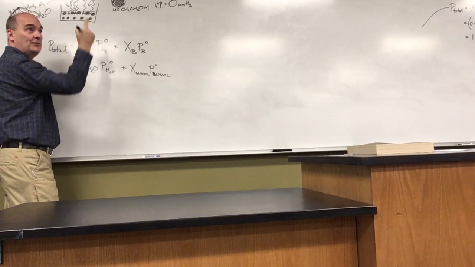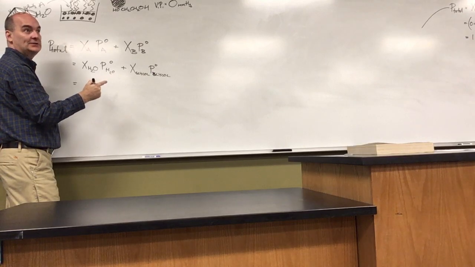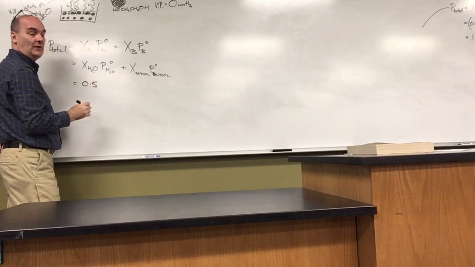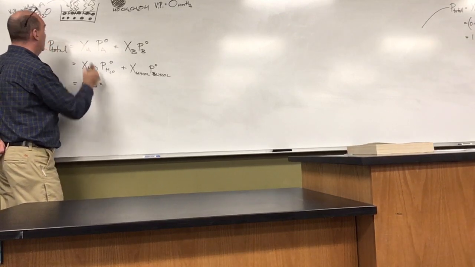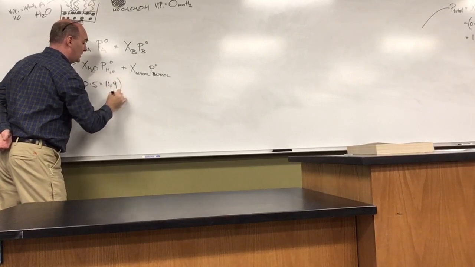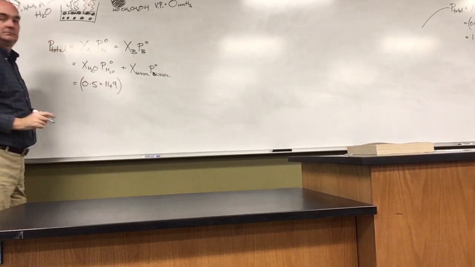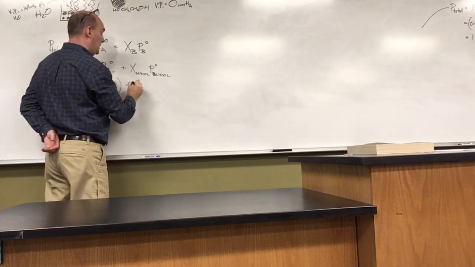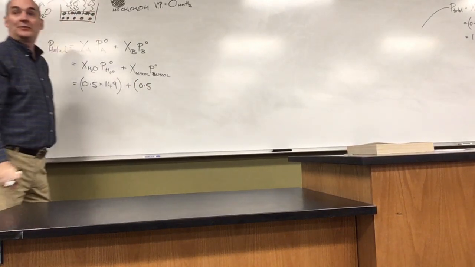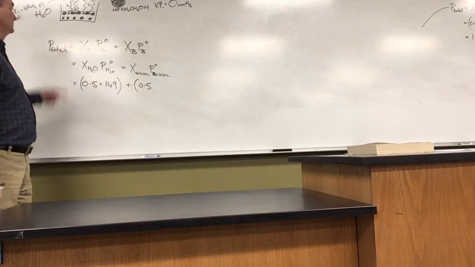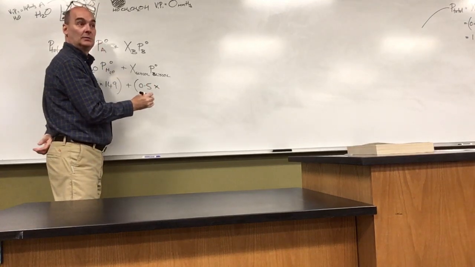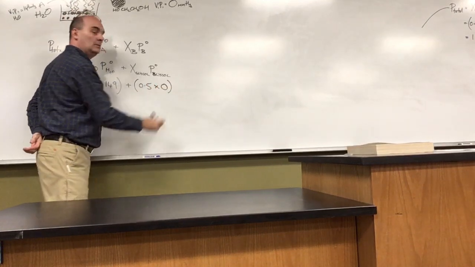So half of the moles in that solution are water. The mole fraction of water is 0.5 times its pure vapor pressure, 149, plus half of the molecules of the glycol, they're my black dots, times its vapor pressure, which is 0.